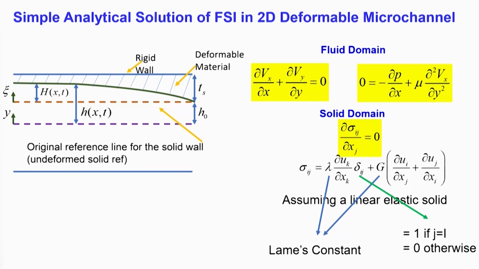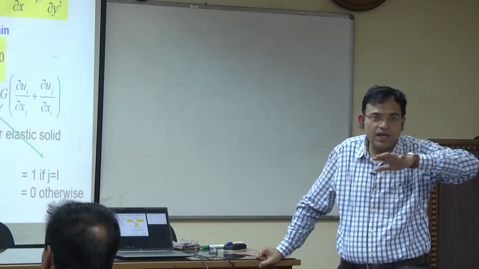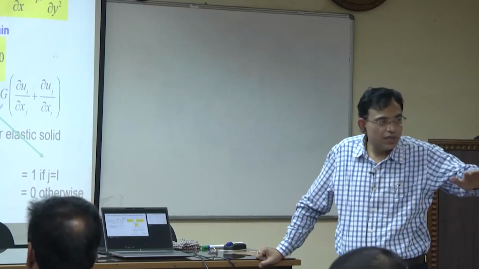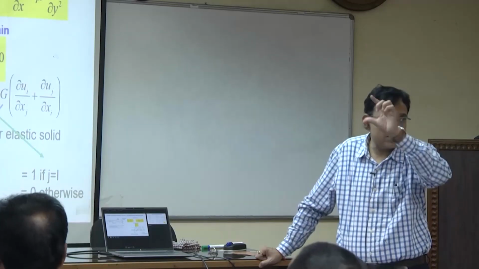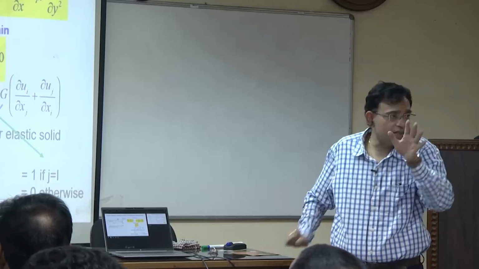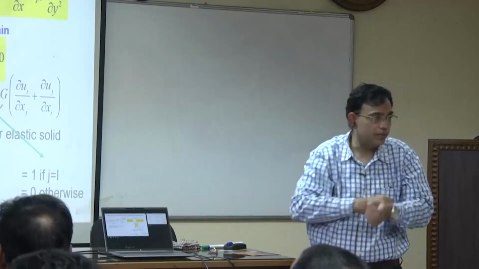So, it is physically the maximum solid layer thickness at that time, and H naught is the remaining. So, for a physical problem H naught plus Ts is fixed, because the upper wall is like a glass slide and it is rigid, and the central line is where it was. So, that gap is fixed, but in between there is a distribution of fluid and solid domain.